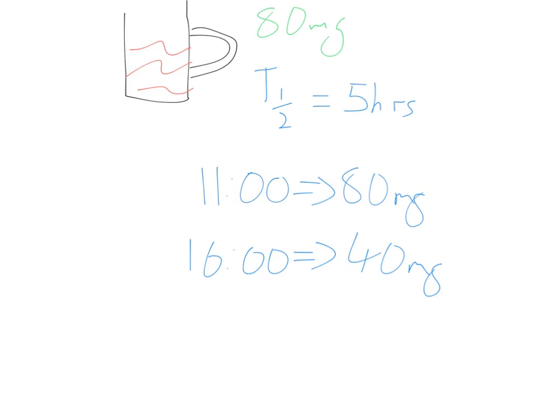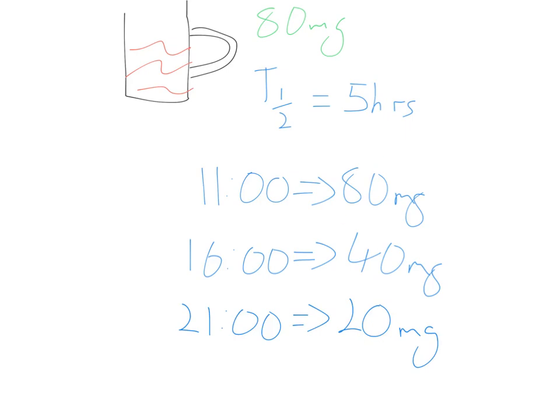If we wait another 5 hours after that, we'll be at 21:00 or 9 p.m. So at 9 p.m. you've still got 20 milligrams of caffeine in your system, which is about a quarter of a cup of coffee.